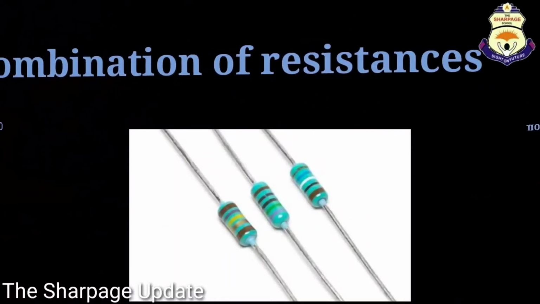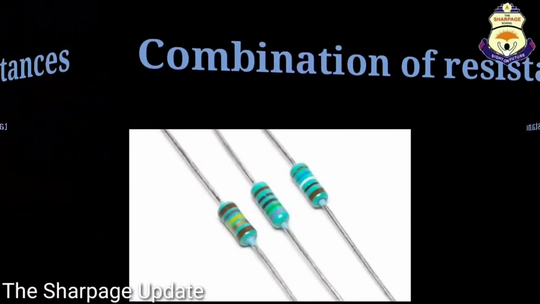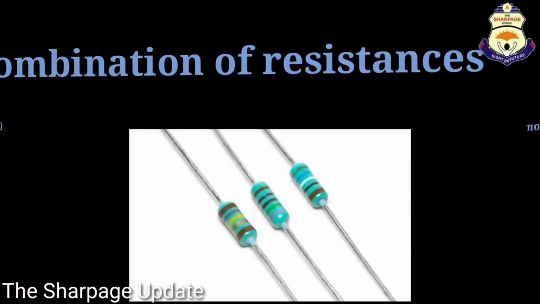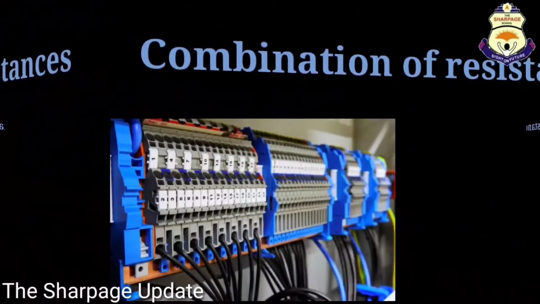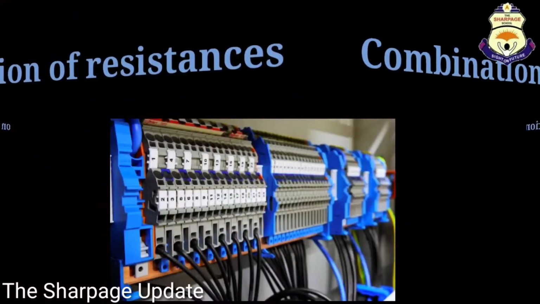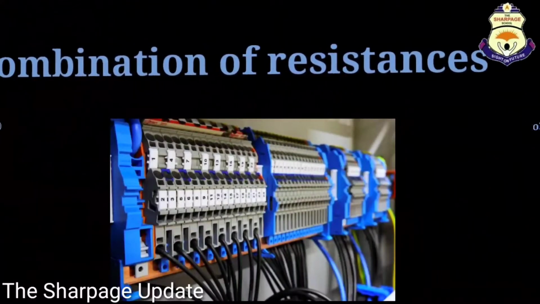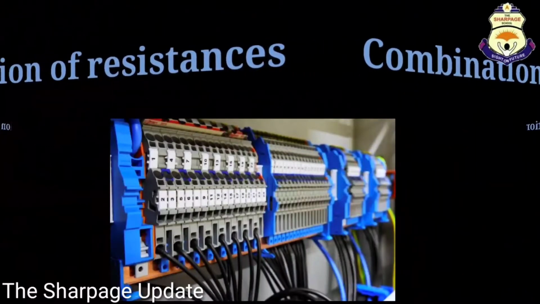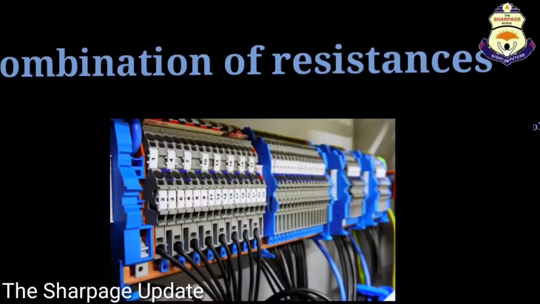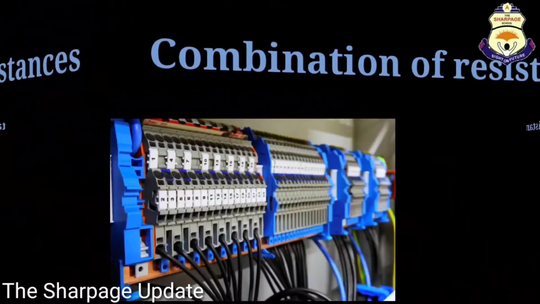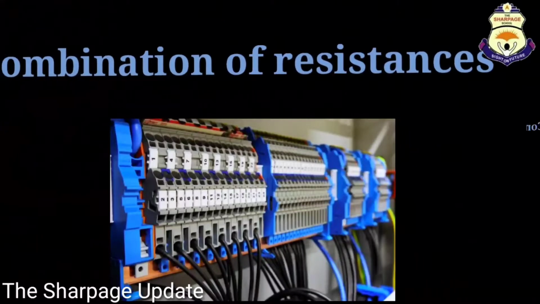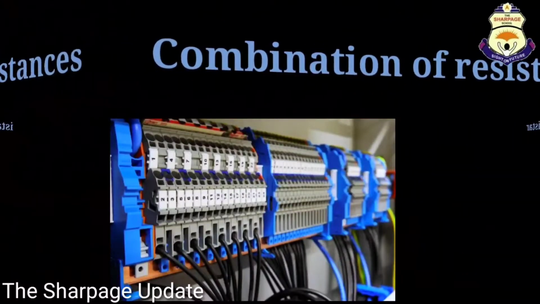In practical electrical circuits, we generally need controlled current and voltage. Different components in an electrical appliance often need different voltages and currents. To obtain the required values of current and voltage in an electrical circuit, certain combinations of resistances are used.